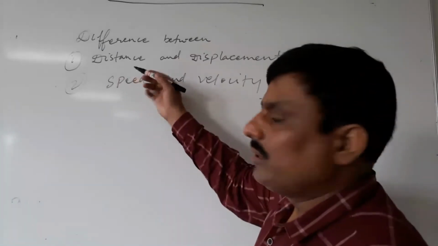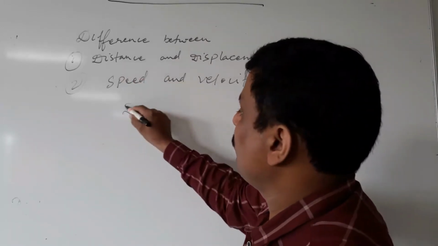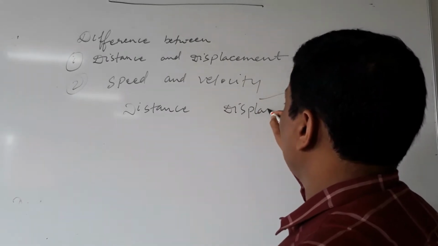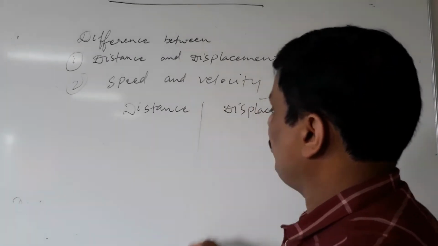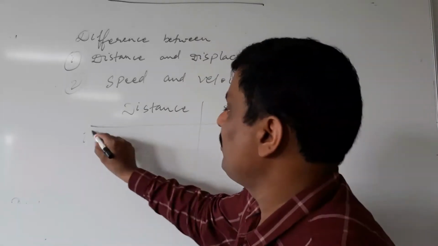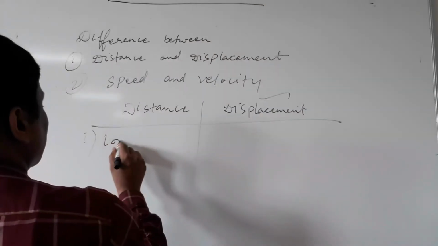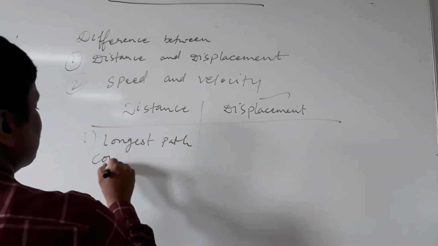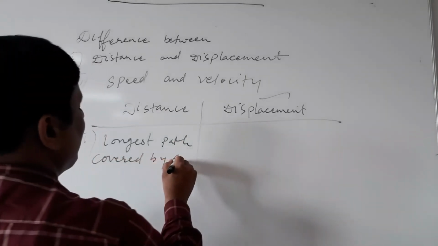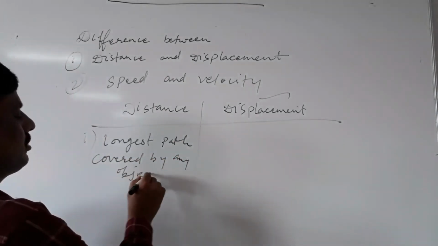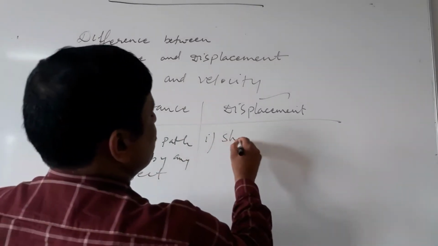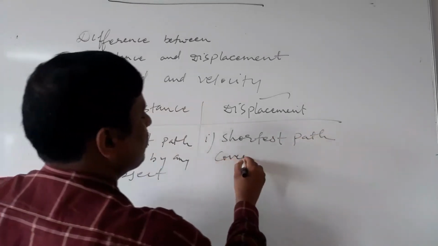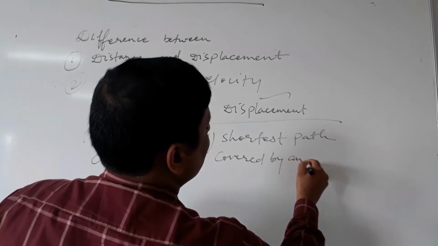After the explanation, it is clear to you all what is distance and what is displacement. If anyone asks you, then it is easy. Distance is the longest path covered by any object. Displacement is the shortest path covered by any object.